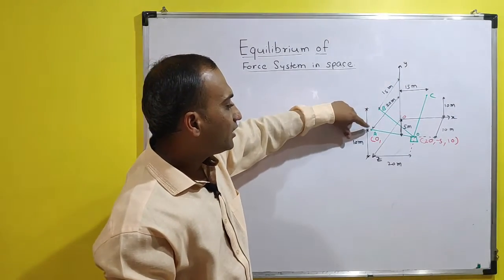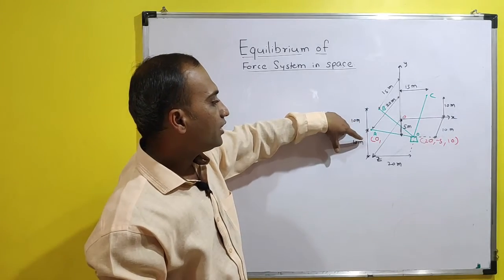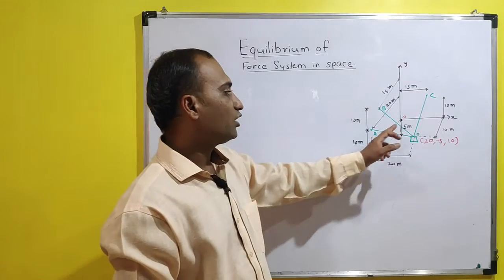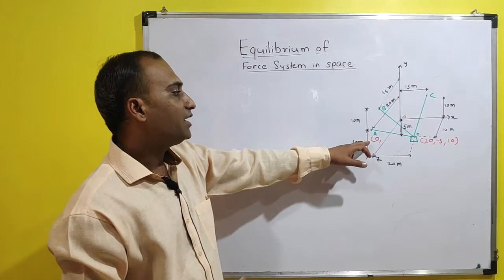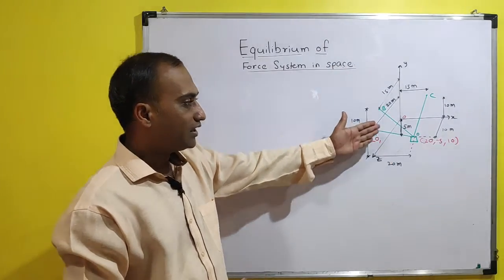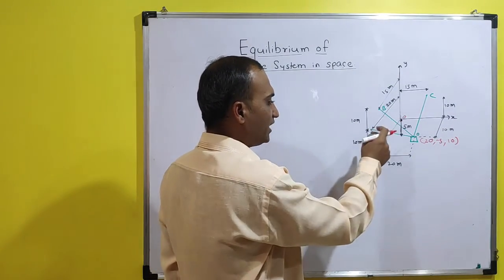Because we can see this point A relates to these distances only in the Y and Z direction, and there is no distance along the X direction given. So in the figure also you can see this acts like a vertical wall. So here this is the plane YZ.